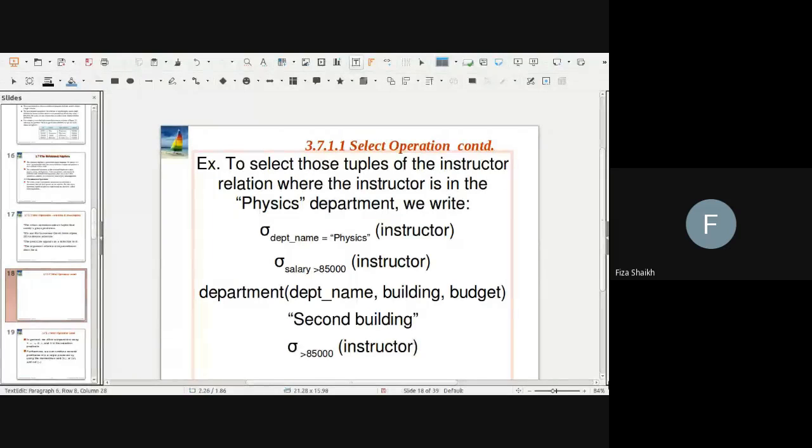Ma'am, repeat the question. I will tell you. My requirement is to list those department tuples which are located in the second building. Sigma second building equal to department name.